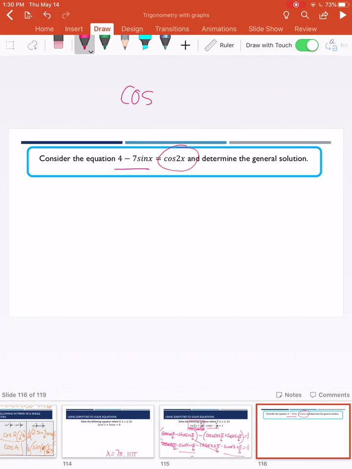I know cos 2x equals 1 minus 2 sine squared x. There are 3 different options for the double angle for cosine. I'm just going to use that option because it's going to help me the most with this question. Now I can replace that cos 2x with that identity, which is 1 minus 2 sine squared x.